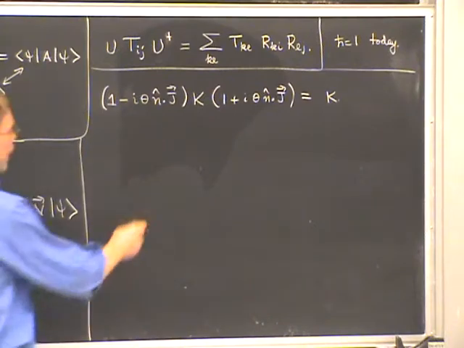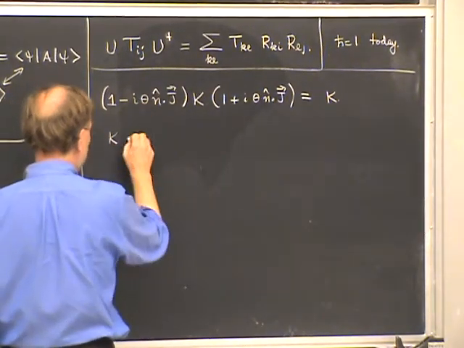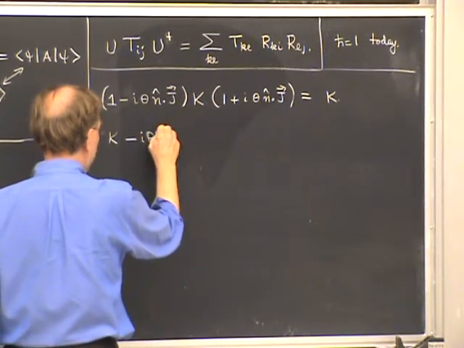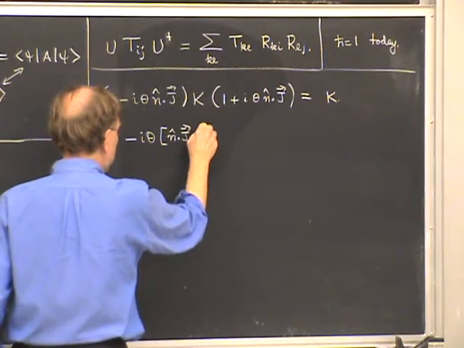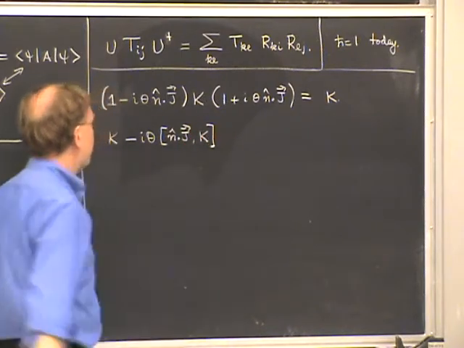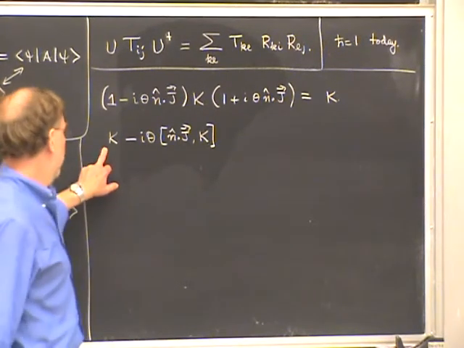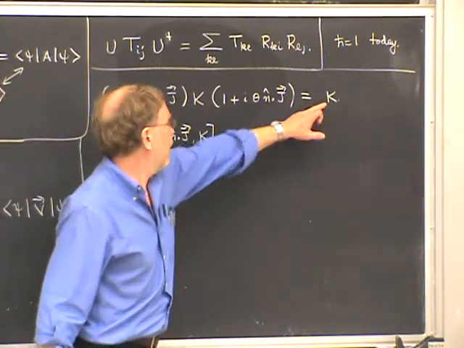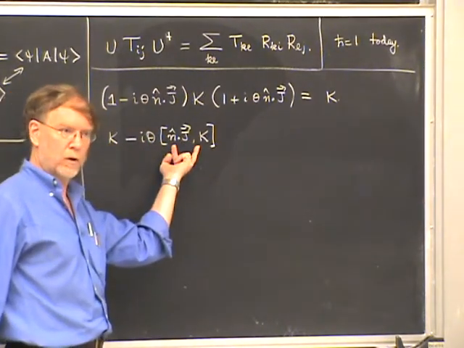Now, if we expand out the left-hand side, multiply it out, we first of all get k at lowest order in theta, and the next order term is i theta times the commutator of n hat dotted into j with the operator k. There's a quadratic term in theta that I'll ignore because we only need lowest order. So if this has to equal k, then the k's obviously cancel, and the commutator must vanish.